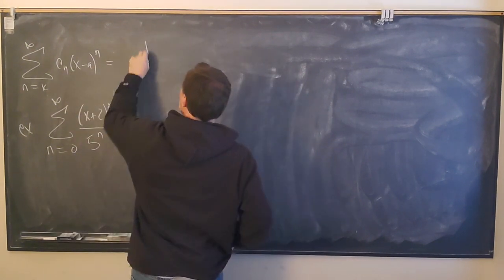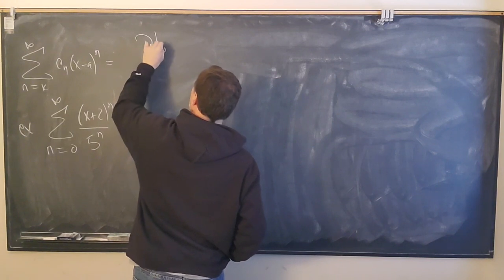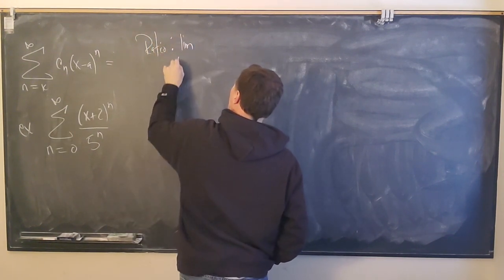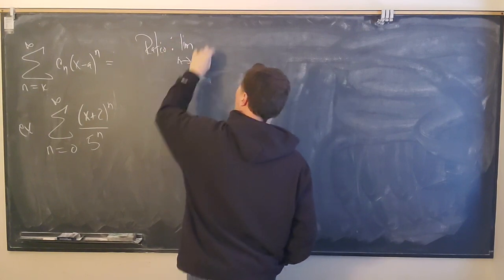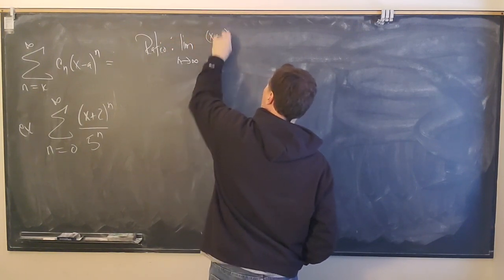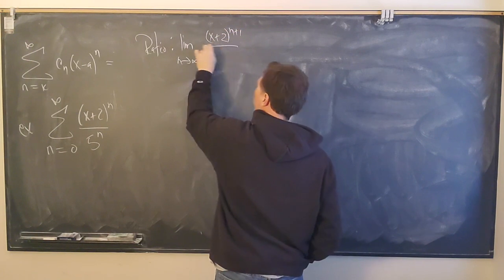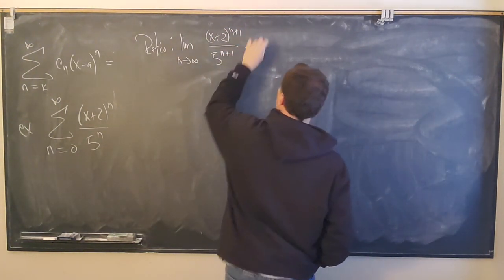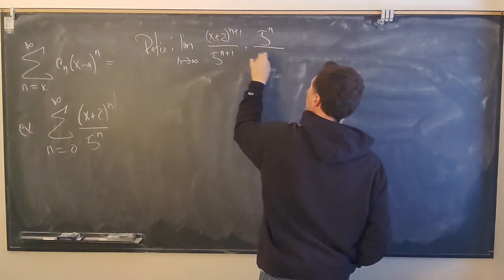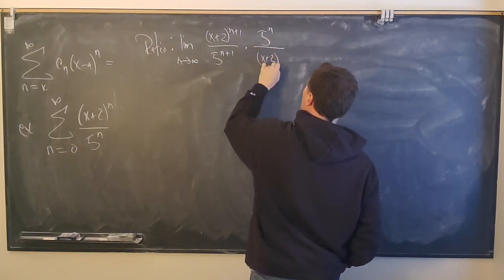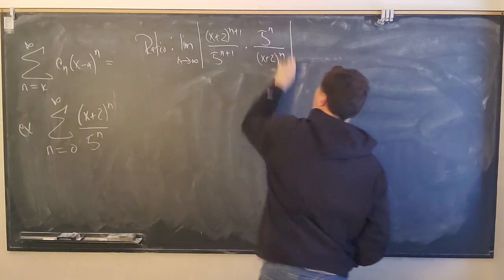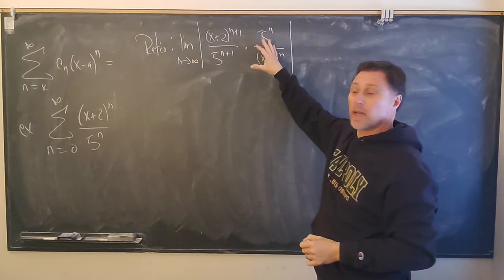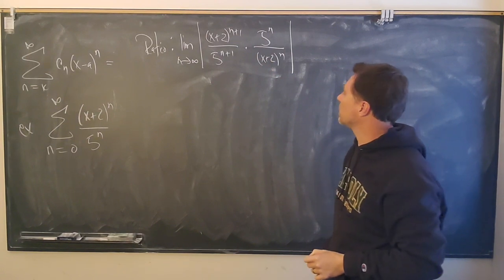So the ratio test goes like this. Compute the limit as n goes to infinity of (x plus 2) to the n plus 1 over 5 to the n plus 1, times 5 to the n over (x plus 2) to the n, all in absolute value. So what I did, I've already done the flipping and multiplying of the denominator when setting up the ratio test.